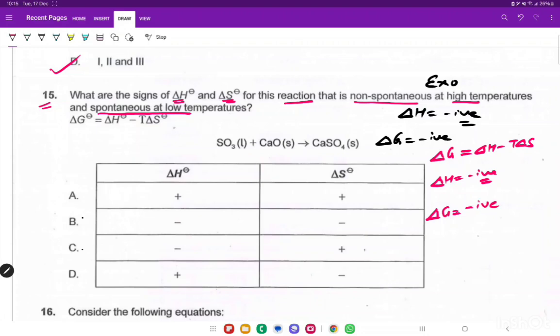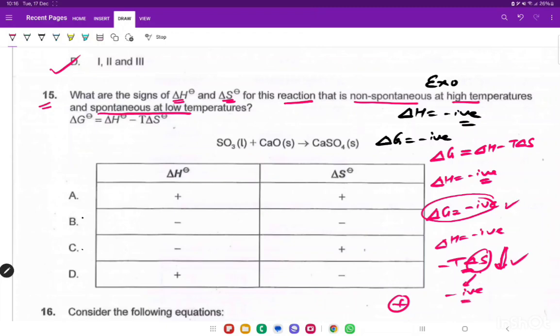If delta S is negative, then minus T delta S becomes positive. In order to get my delta G negative, I should keep the T delta S value low. That is, the reaction will become spontaneous at low temperature. It means my delta S is negative. So I got delta S negative and delta H negative. The answer should be B.